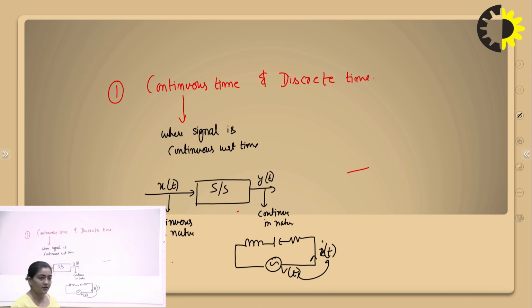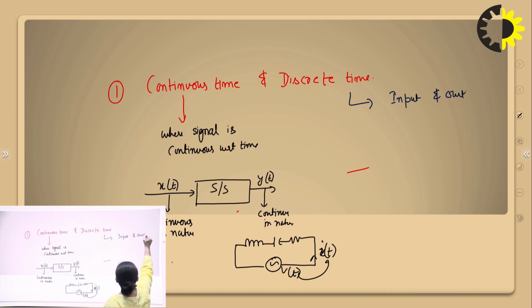So this is a kind of continuous time system. Now moving to the discrete time system. Discrete time systems are those where the input and output signals are discrete in nature.